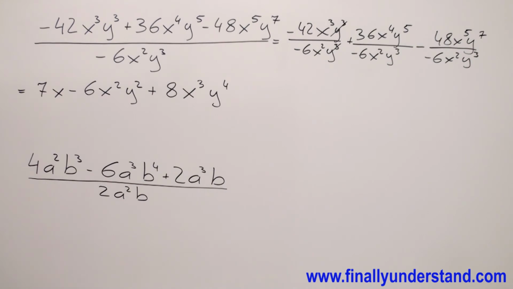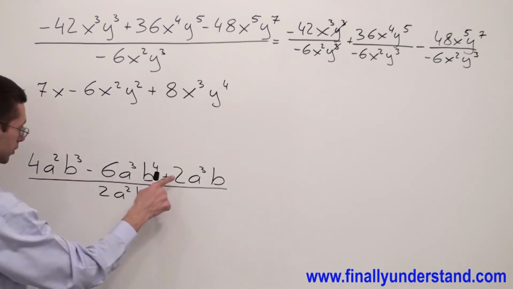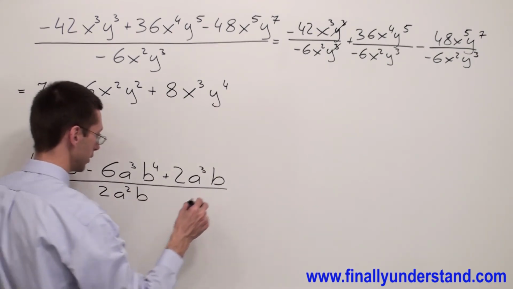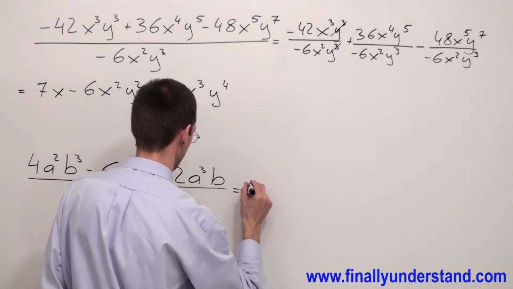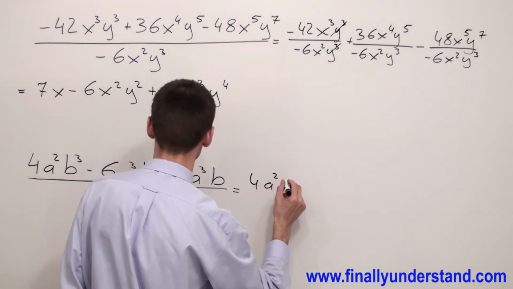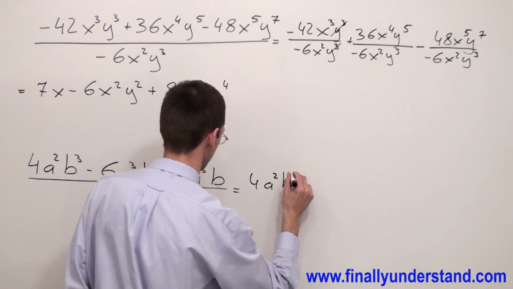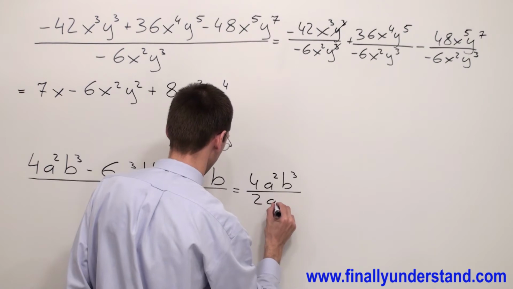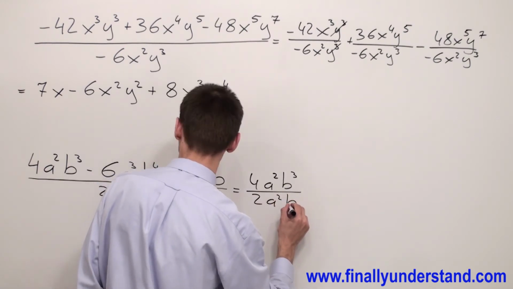Let's take a look at the second example. Again, we have to divide every single term from the numerator by the denominator. That's why I'm going to write 4a to the second power b to the third divided by 2a to the second b.